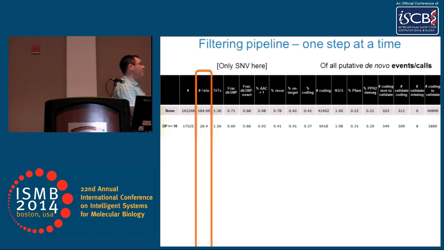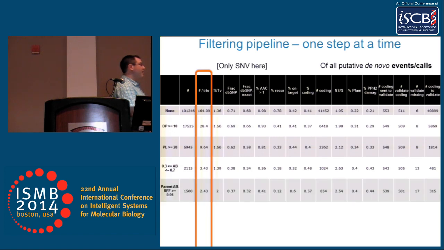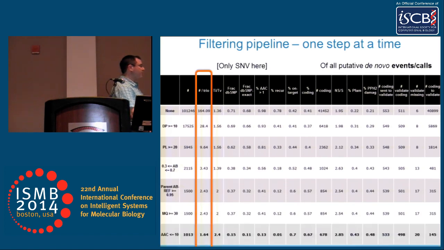Once we start adding the depth filter, the genotype likelihood filter, and the allele balance filter, which looks at that ratio that should be around 50-50 in the child, and in the parent it should be homozygous, so close to 1, and some additional filters, we get down to around 1. These are the metrics we expected, and that's really what we focused on.